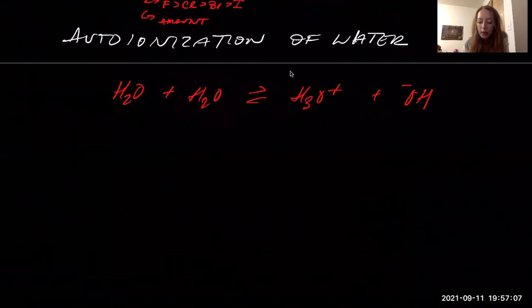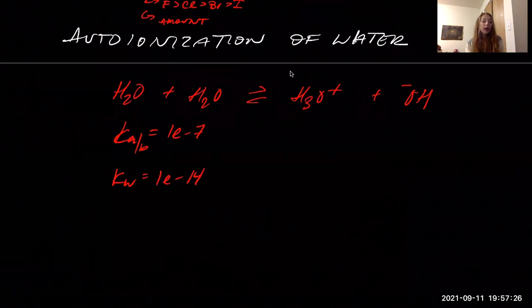Okay, well, the reason it's important, the Ka and Kb of water is going to equal 1e negative 7. This gives the Kw value of 1e negative 14. Okay.